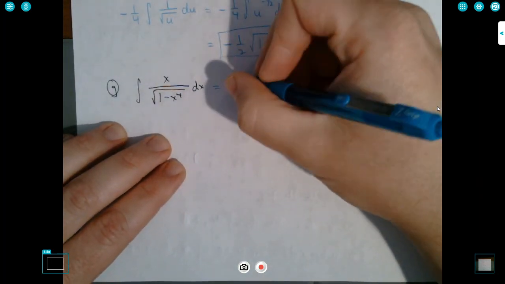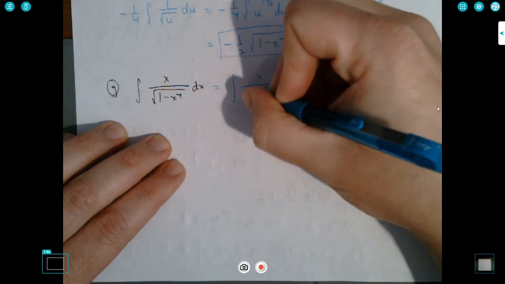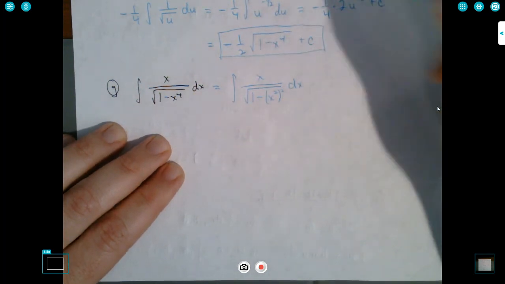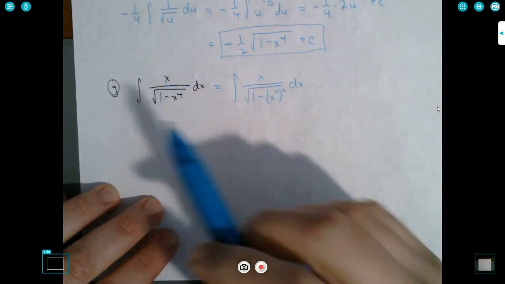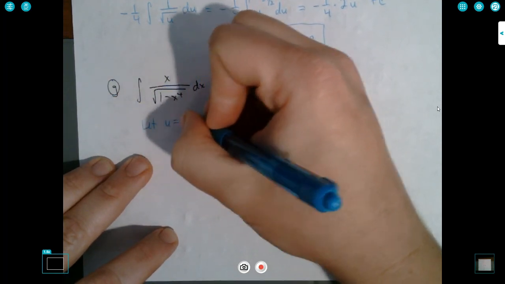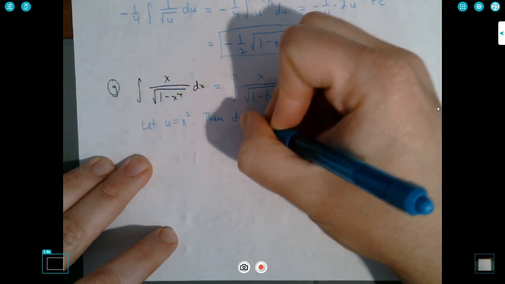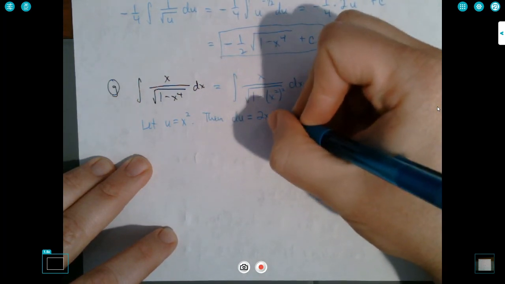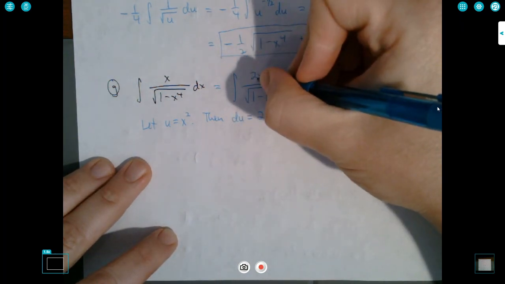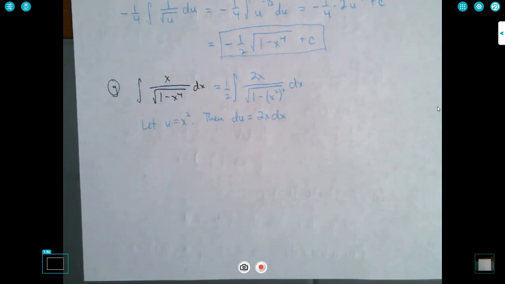So first of all, notice that this is the integral of x over square root of 1 minus x squared squared. And now let u be x squared. Then du is 2x dx. So I need a 2x dx, so I offset that with the 1/2 there.